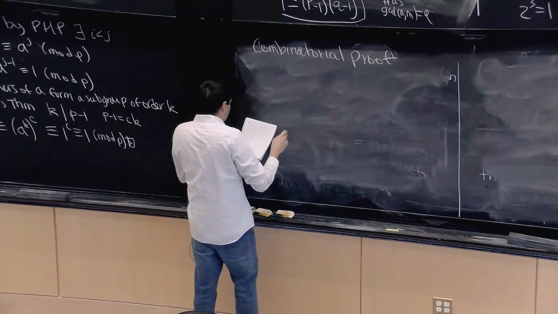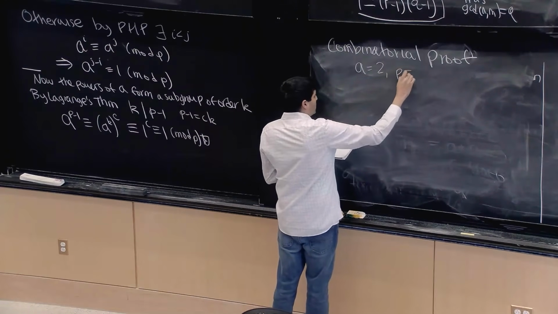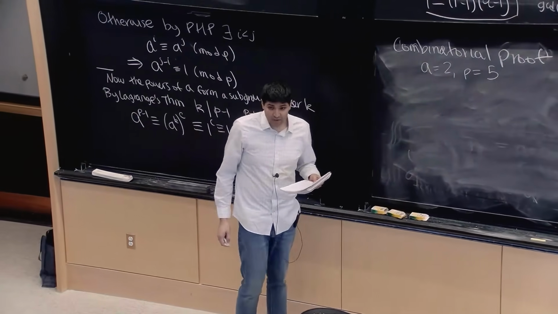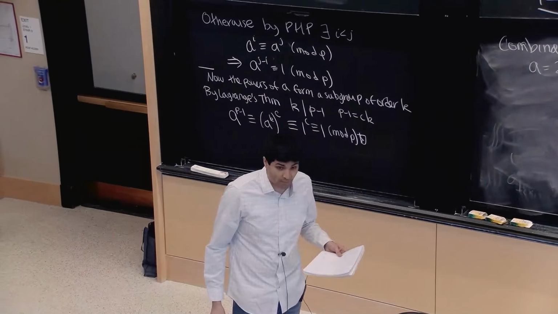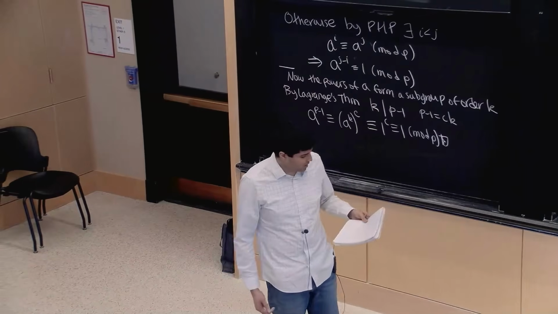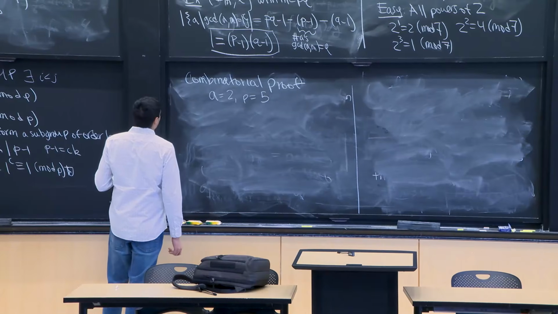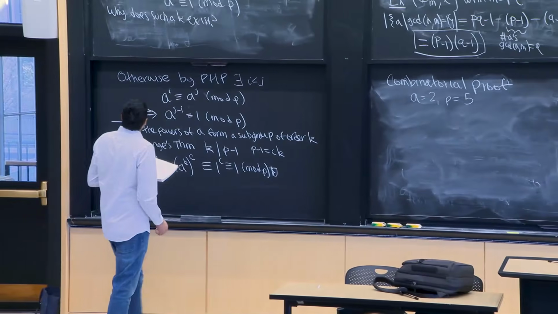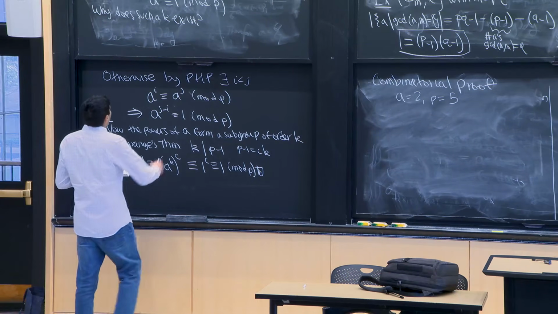And let's do the proof specifically in the case where a equals 2 and p equals 5, just to be concrete. So the way that I'm going to do this is I'm actually going to think about a counting problem under the hood. And it'll involve something called necklaces. So the idea is that the statement of Fermat is that a to the p minus 1 is congruent to 1.